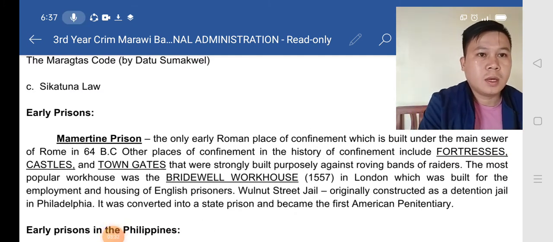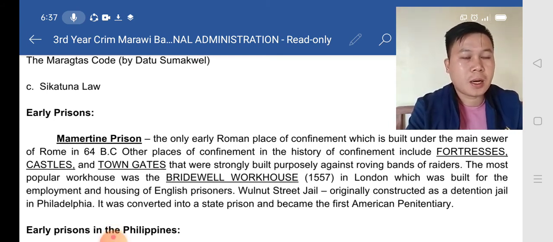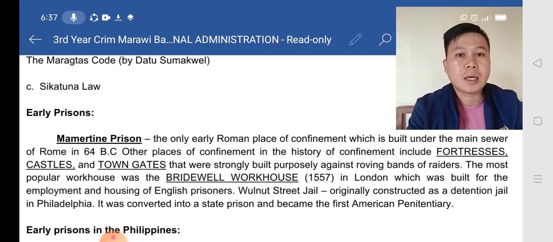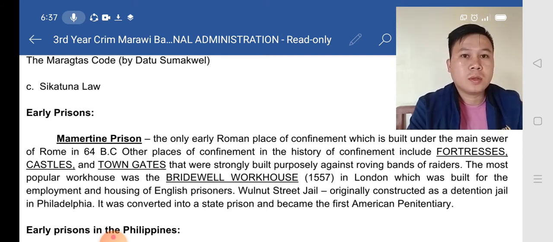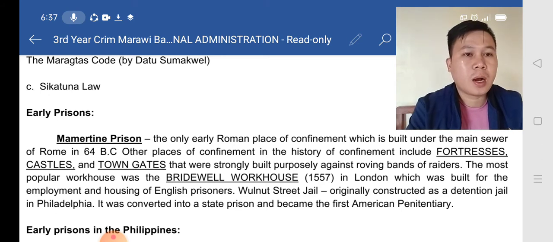So, ang form of confinement for a certain criminal is ang tinatawag nating fortresses, castles, and town gates. So, dun sila nilalagay.